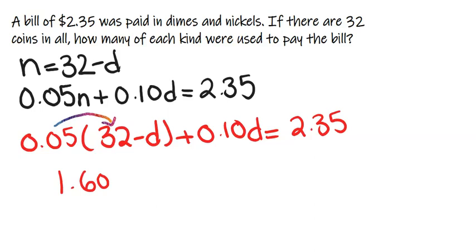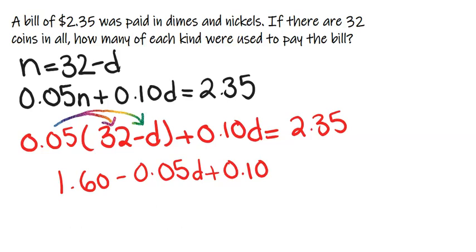And now we have to multiply 0.05 with negative D, which is equal to negative 0.05 D, plus 0.10 D, which is equal to 2.35.